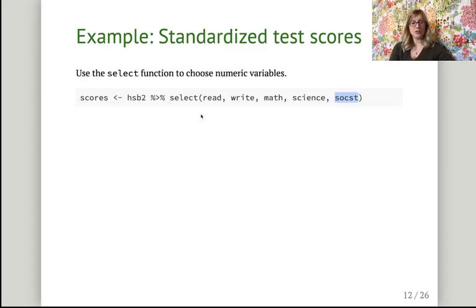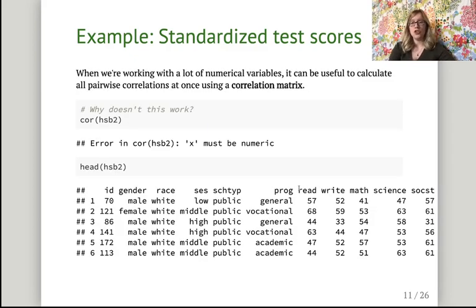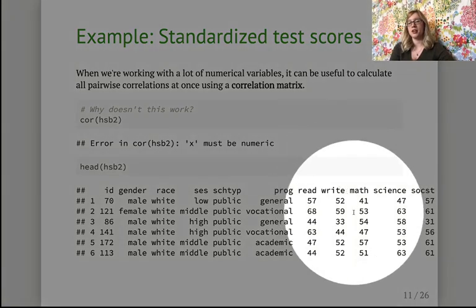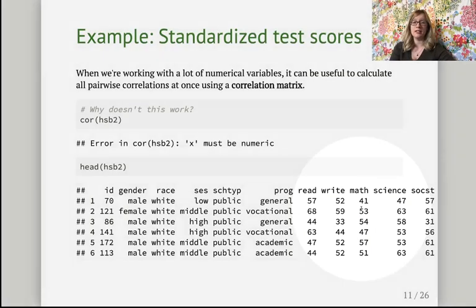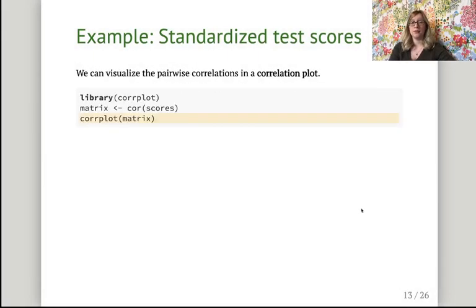So now the scores data set just includes these 5 columns here on the right. Just includes reading, writing, math, science, social studies. All should be numeric.